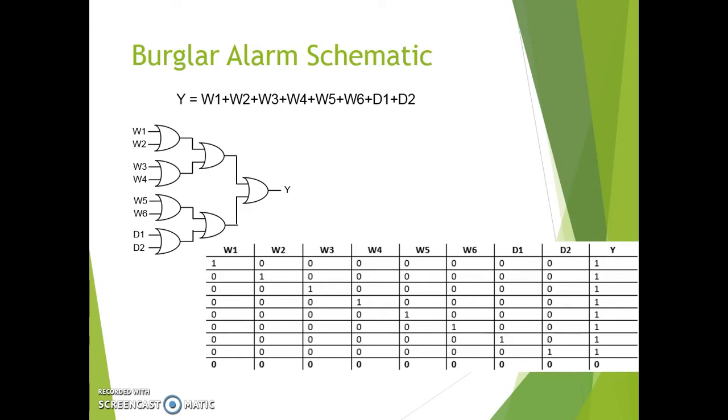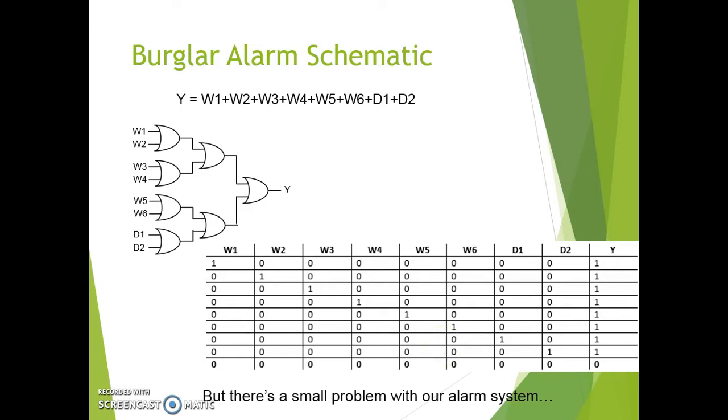But we know the results would be redundant if, for example, window 4 and window 5 trigger. Since it's an OR gate, we're still going to see the alarm trigger, which is the result we want.